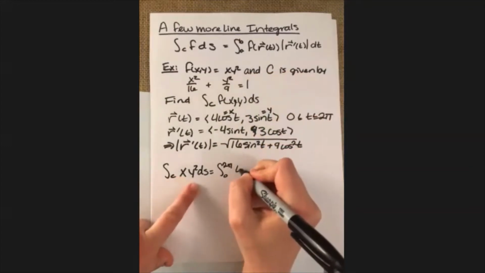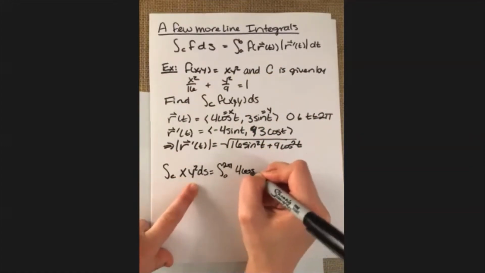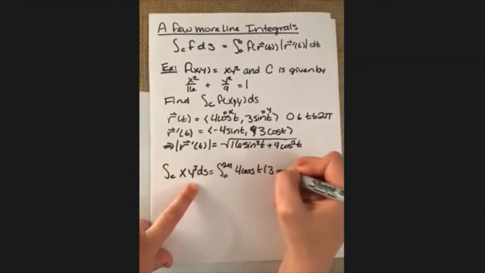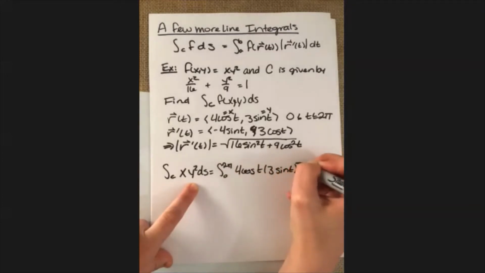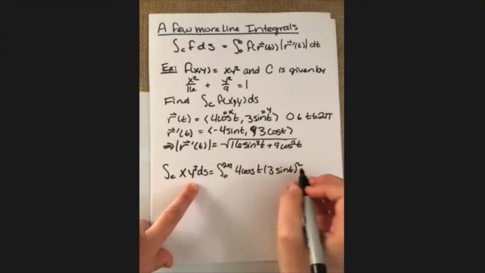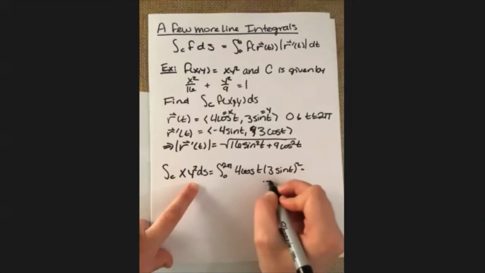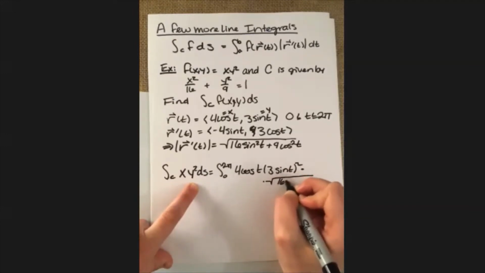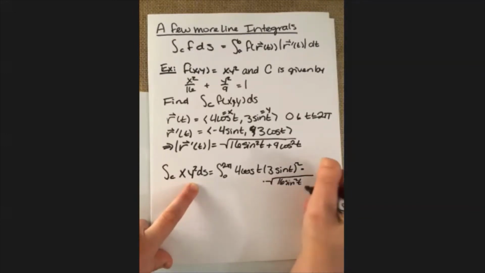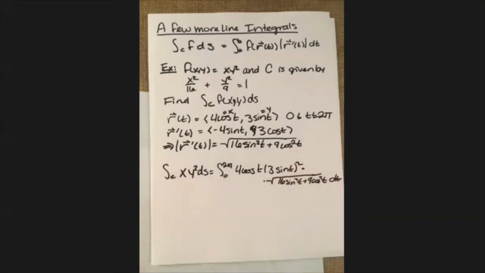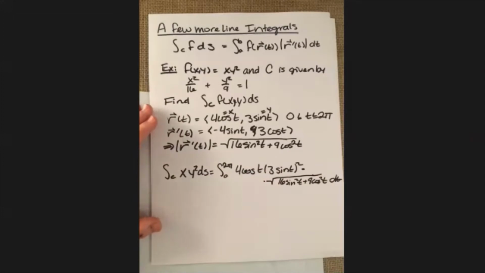So I'll have 4 cosine of t times 3 sine of t squared, and I'm going to run out of space, times the square root of 16 sine squared t plus 9 cosine squared t dt. Okay, this is all in the same integral. I just ran out of space here at the end.